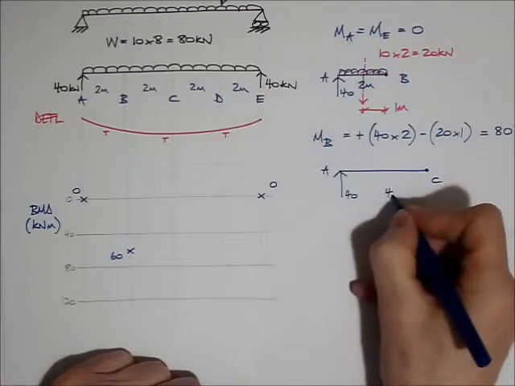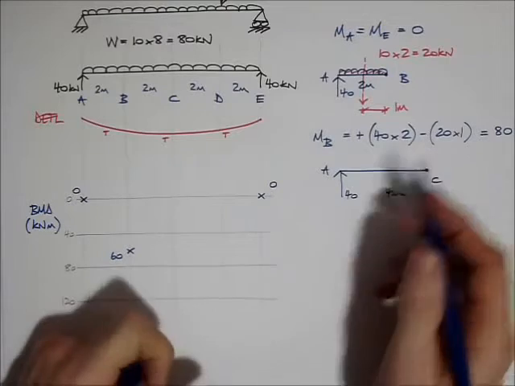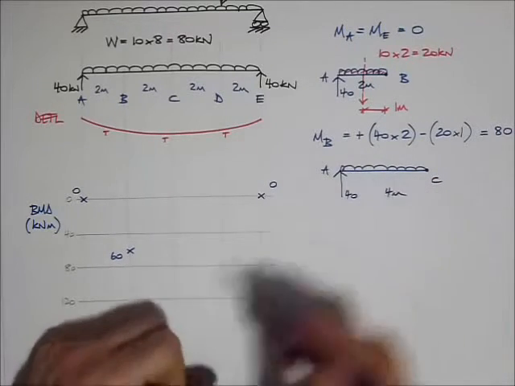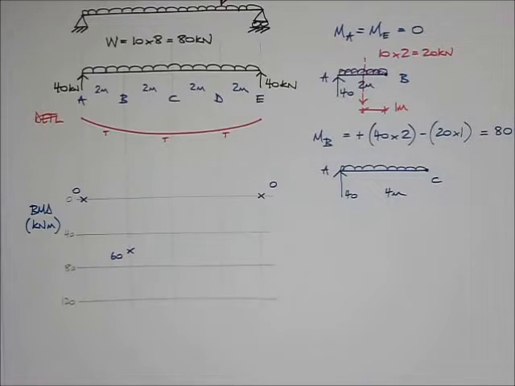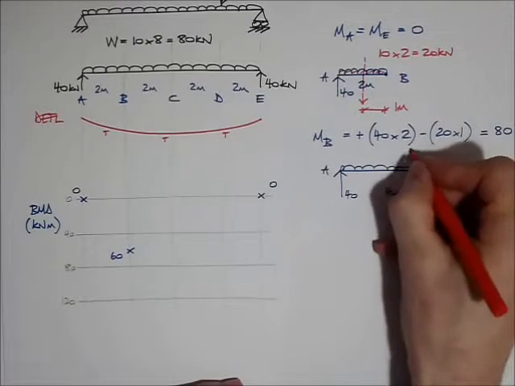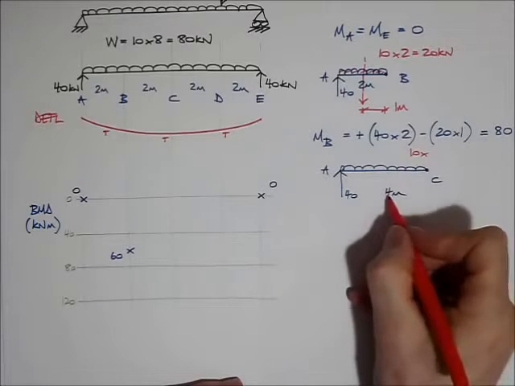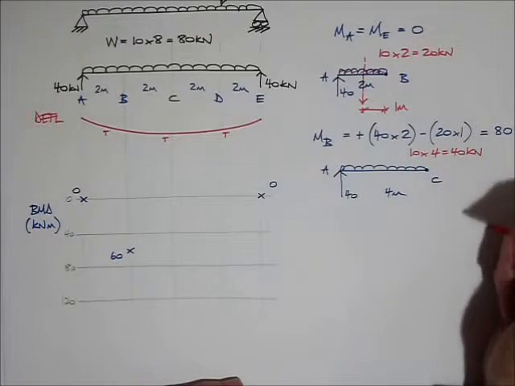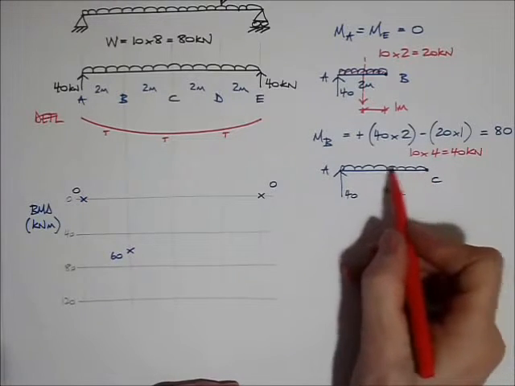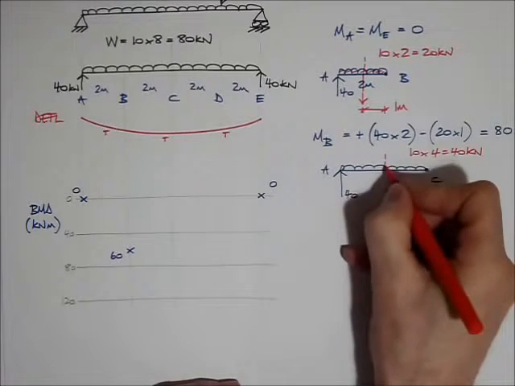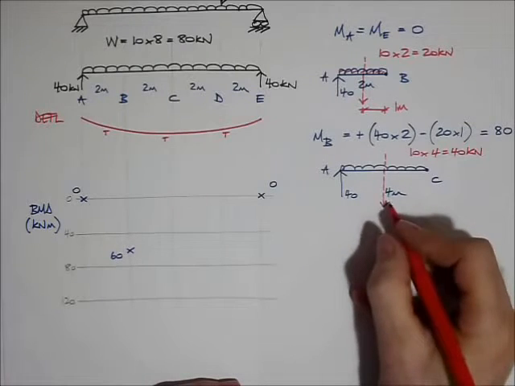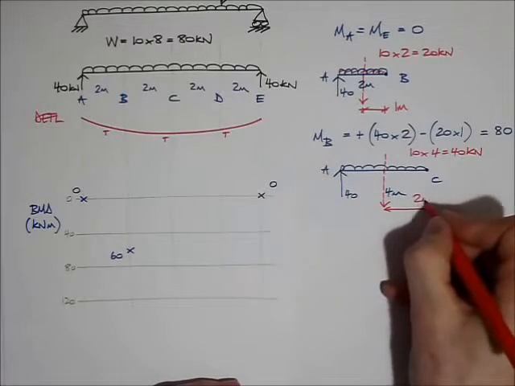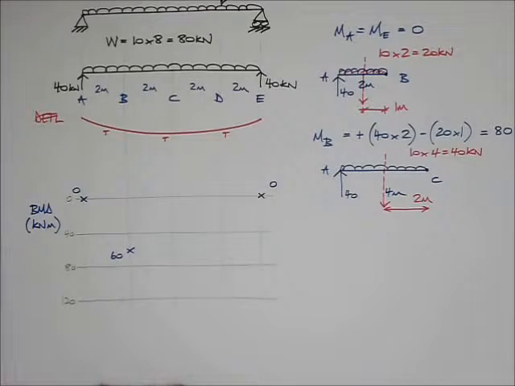That distance there is 4 meters away, and it's got a UDL acting on top of the beam, and I calculate that UDL is 10 kilonewtons a meter run times 4 meters is 40 kilonewtons. That's good. And the UDL is acting at its centre, so I reckon that is a distance of 2 meters from point C.